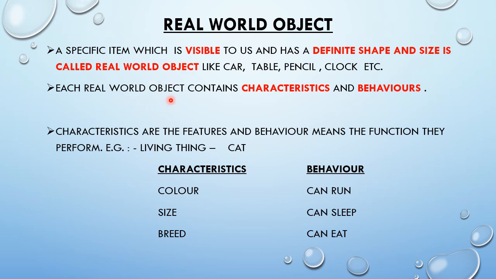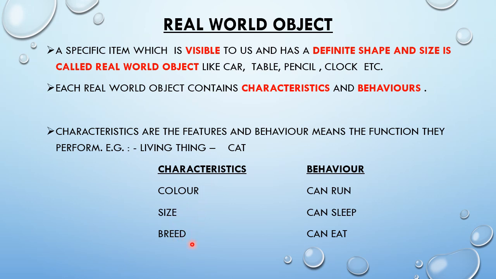Each real-world object contains characteristics and behavior. Fine. Now the characteristics are the features and behavior means the functions. Like if I take a living thing, I am taking one example, cat. So cat has some characteristics and behavior. What are characteristics? Features of cat, like color. Cat has some specific color, its size, its breed.